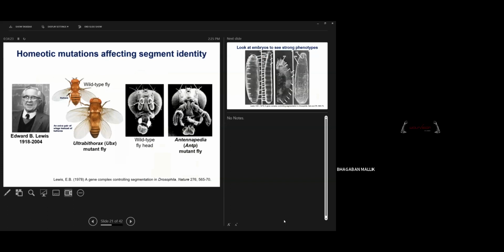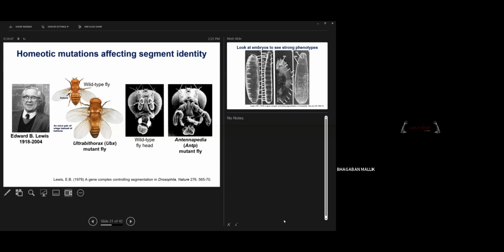Now they have done several studies and identified several mutants required for the dorsoventral patterning in Drosophila, and they identified some genes called homeotic genes that affect segmental identity. During the earlier days, Lewis identified this. This is the normal wild-type Drosophila.